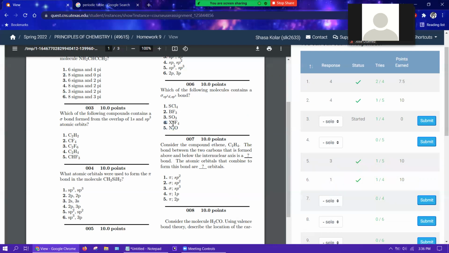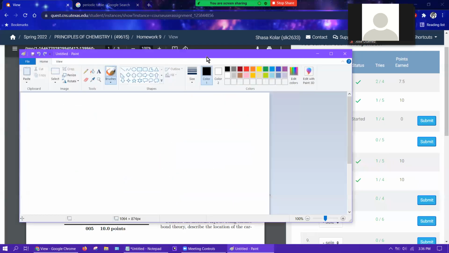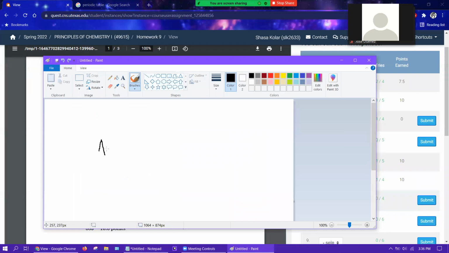But these other ones, so another thing is that you see this N2O. I think it's probably going to bond like, let's pull paint back up. It's probably going to bond like this.